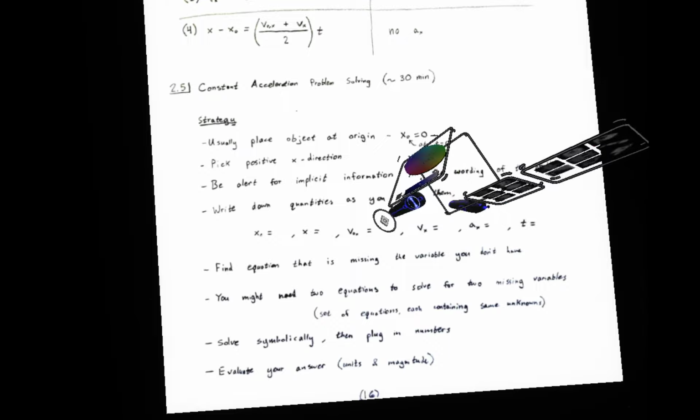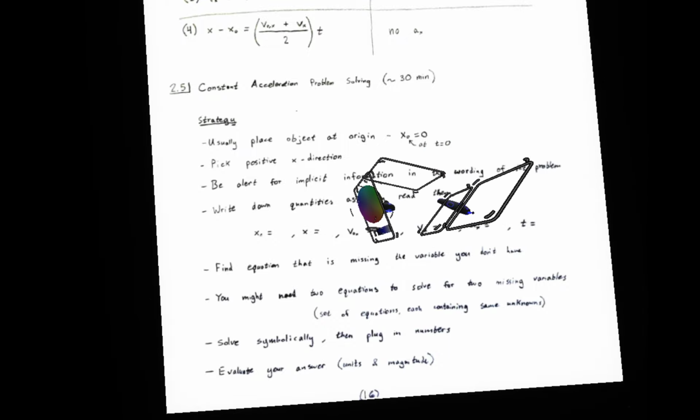And usually you'd start the activity in your problem at t equals 0. There's no use accounting for any time before what's happening in your problem, because we don't care about that. So start everything off at x equals 0 usually, or t equals 0.